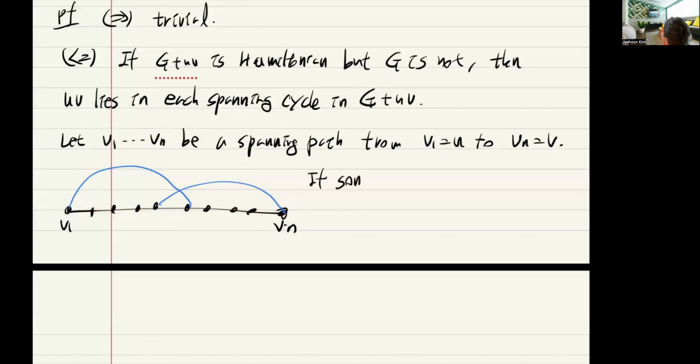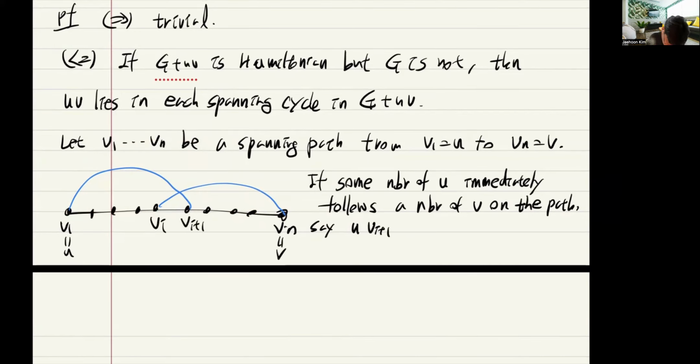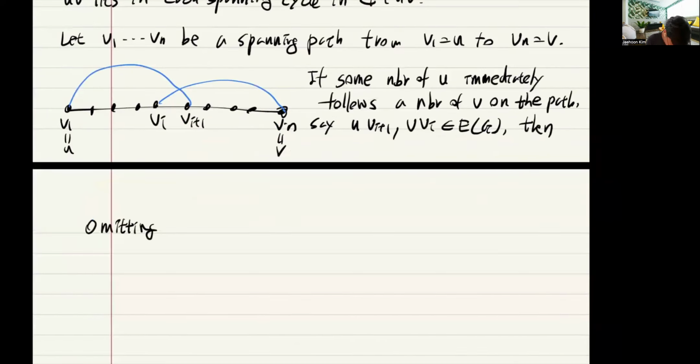So if some neighbor of u immediately follows, say u is adjacent to p i plus 1, and v is adjacent to p i, both edges are present, then omitting p i plus 1, here is the spanning cycle.